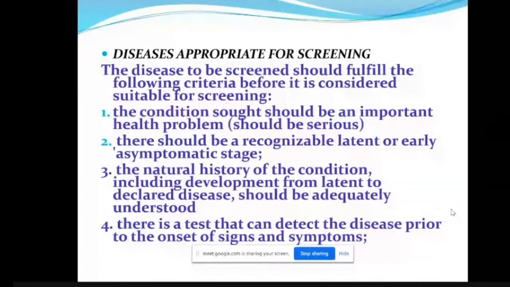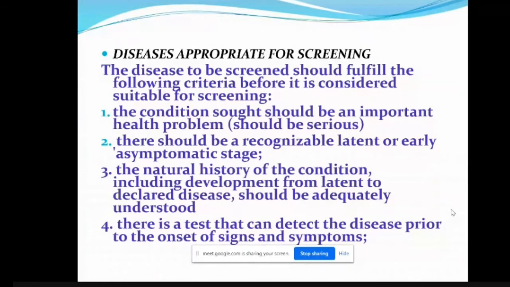That is, the onset of the disease and information about the latent period where we can apply the screening test, when the symptoms of the disease will appear, and so on. Also, there should be a test that can detect the disease before symptoms appear.